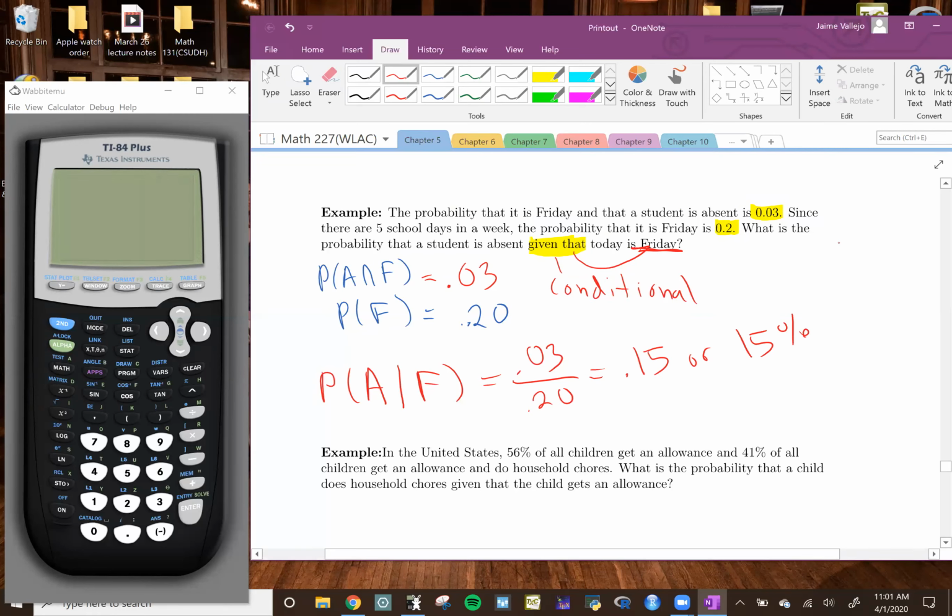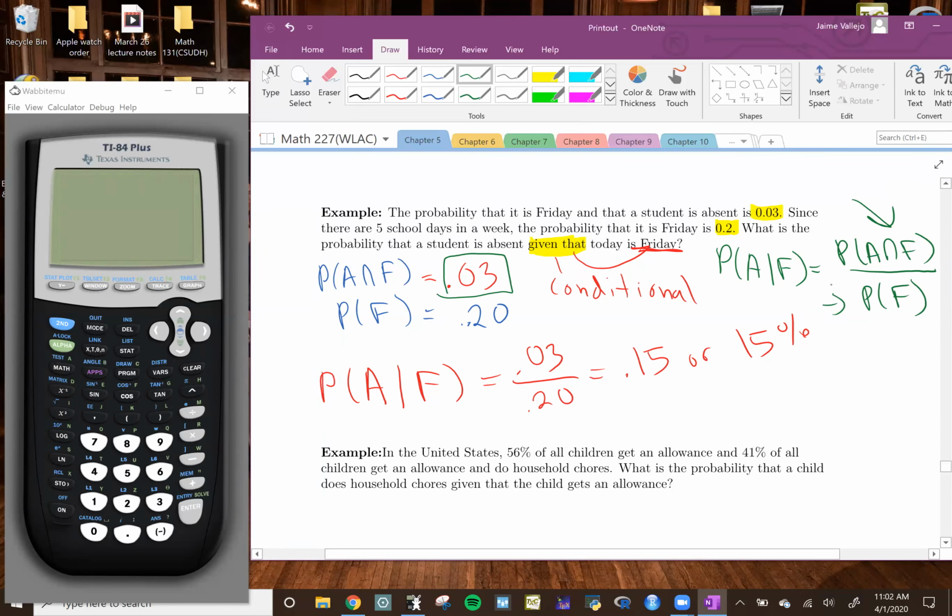If you remember the formula for conditional probability, we want to find the probability that they're absent given it's Friday. The formula says you take the probability that they're absent and Friday, and divide that by the probability that it's Friday. Since I know the probability that they're absent and it's Friday is 0.03, you put the 0.03 up there, and the 0.2 goes right there.